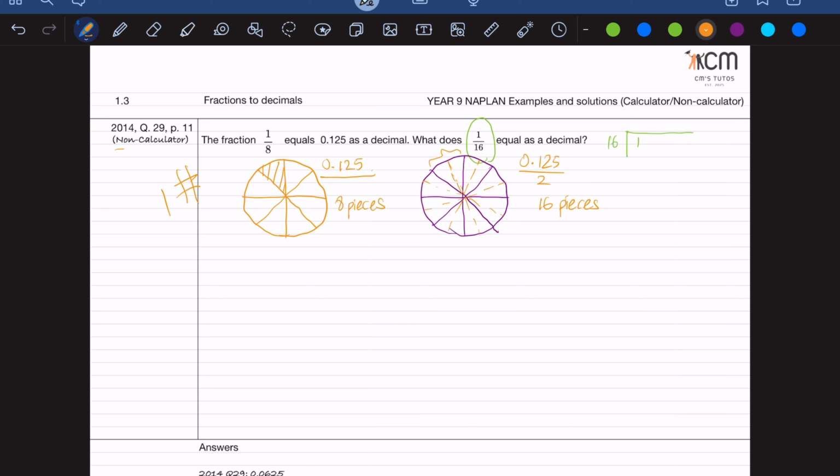This is a non-calculator question, so you have to work on your division skills with decimals. So 0.125 divided by 2. You just keep going like this. Ignore the decimal for a bit, and you can drag the 0 down, which gives us 0 and 1.